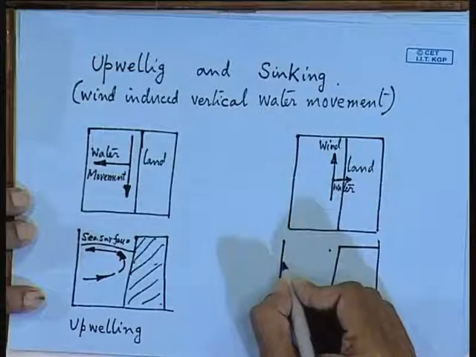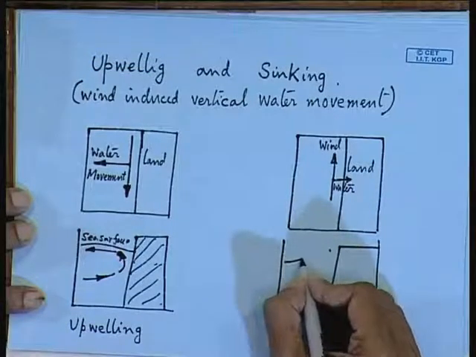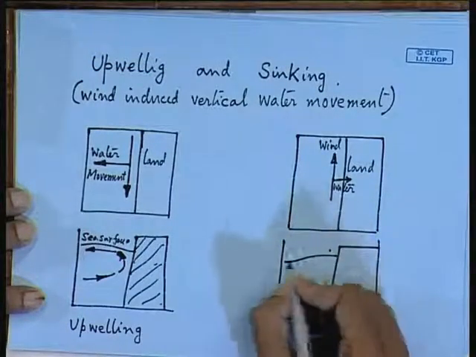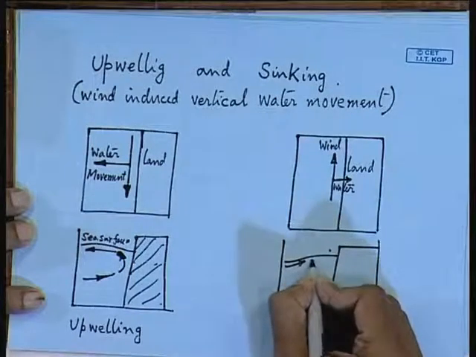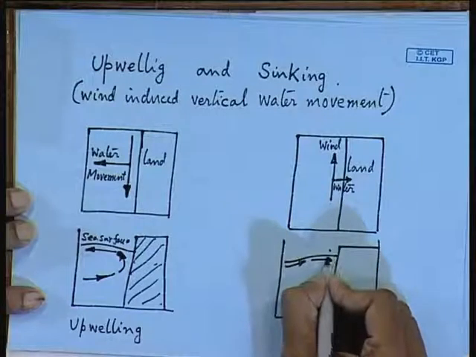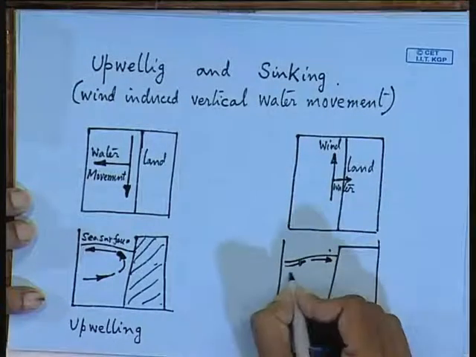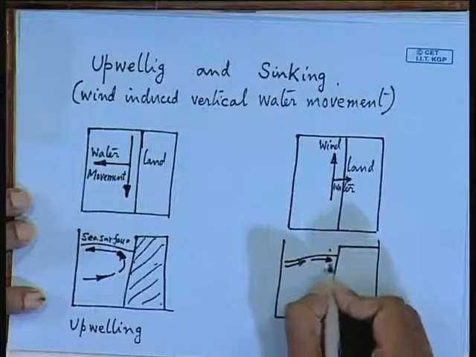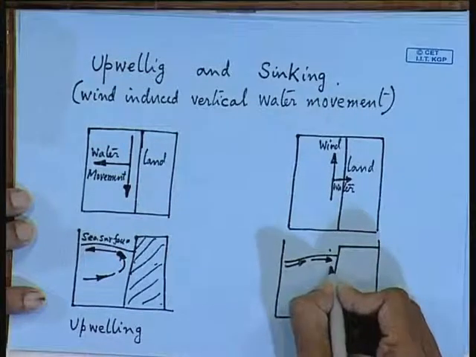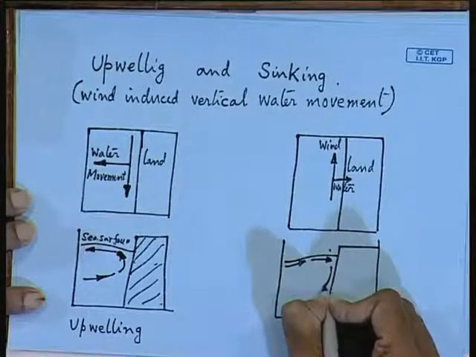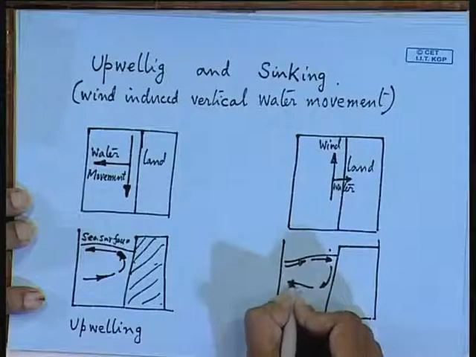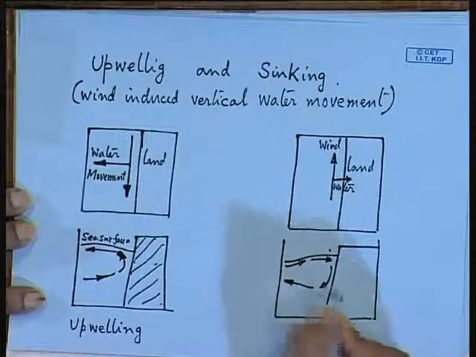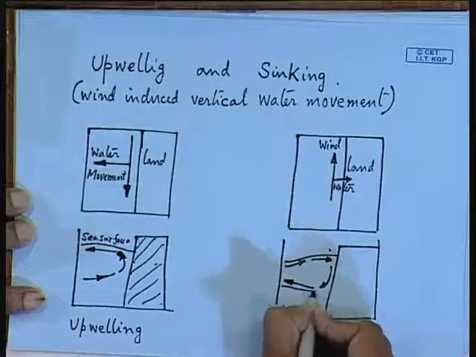So water will tend to pile up towards the land. So the direction of flow will be towards the beach or shore, and this water from the surface is going to push the other waters down. So like this. See, this is your envelope.